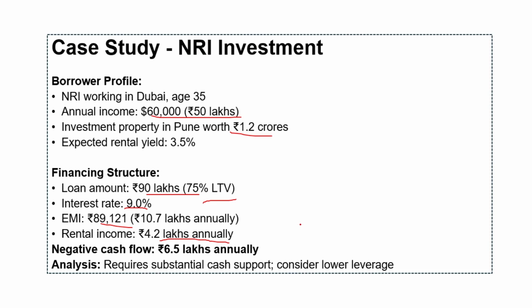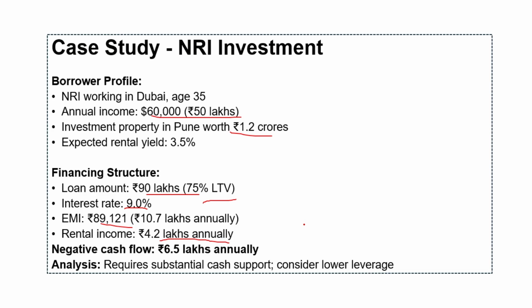This negative carrying cost must be funded from overseas income, requiring 54,167 monthly support from Dubai earnings. The analysis reveals that while the investment may provide long-term appreciation, the immediate cash requirements are substantial, because every month there is a big outflow of money which has to be there.